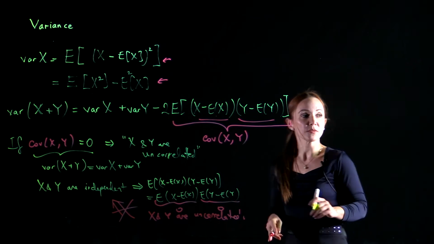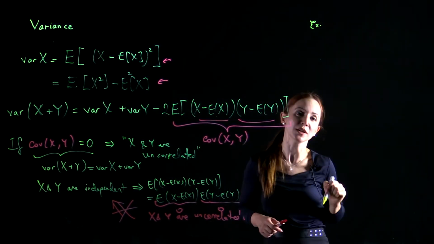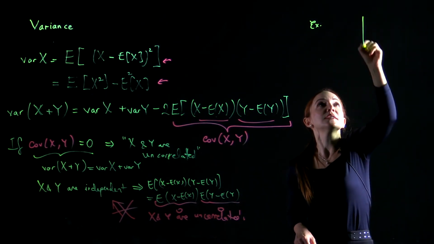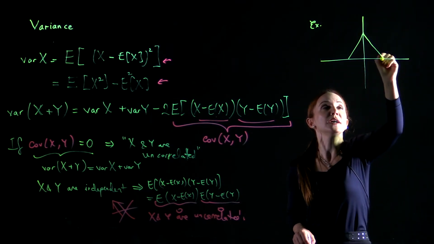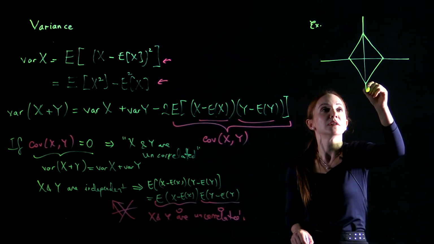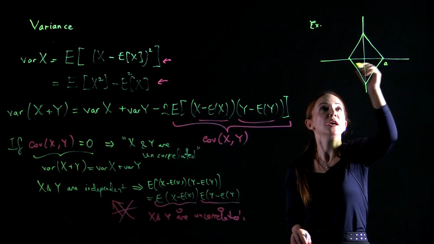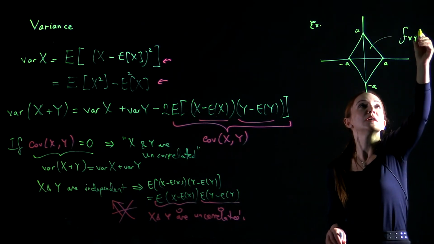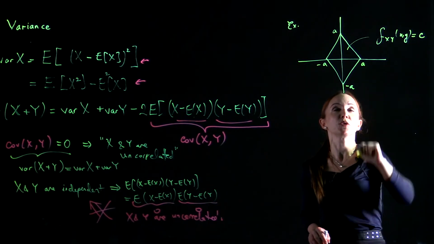So let me give you an example of two random variables that are uncorrelated but not independent. Suppose X and Y have this continuous joint distribution that is constant on this rhombus. Suppose it extends from minus a to a, and the joint density f_XY is equal to a constant in this region.